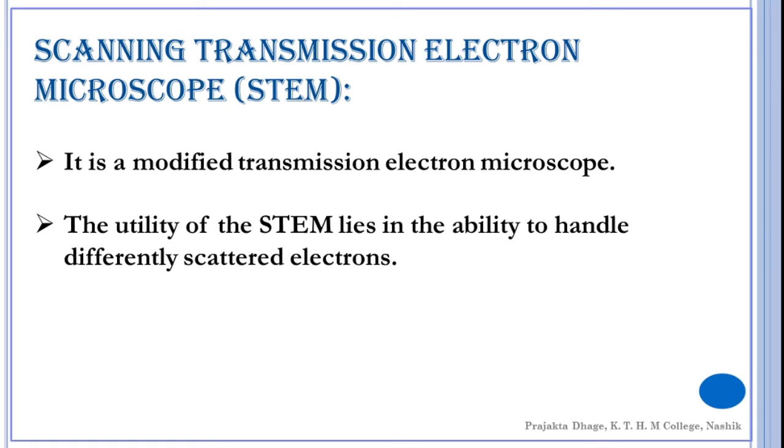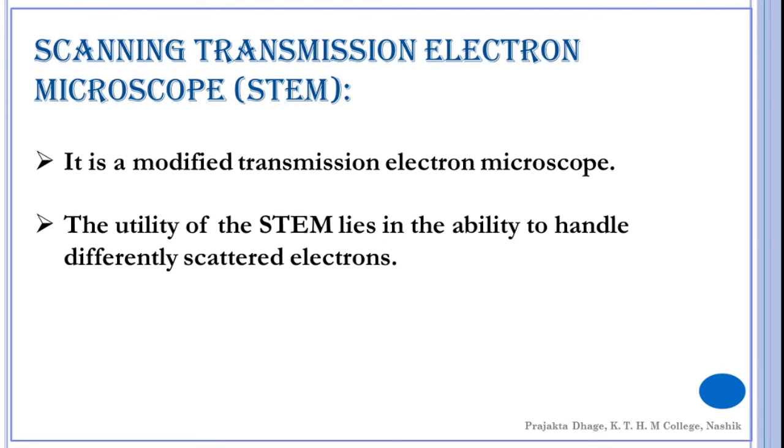This type of image information cannot be obtained either by a transmission electron microscope or a scanning electron microscope alone. Moreover, this microscope is free of chromatic aberration, as there are no image forming lenses.